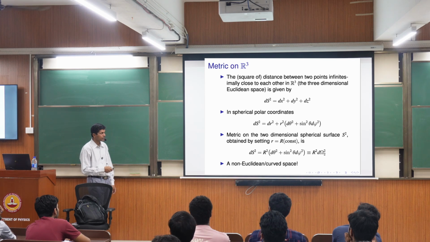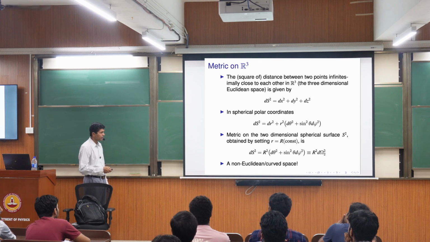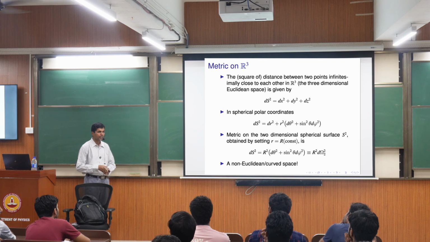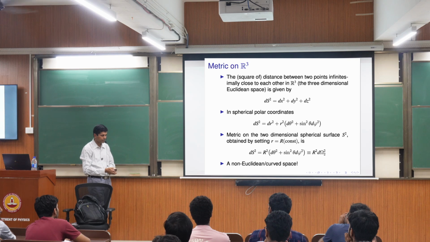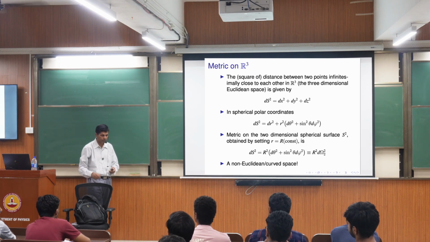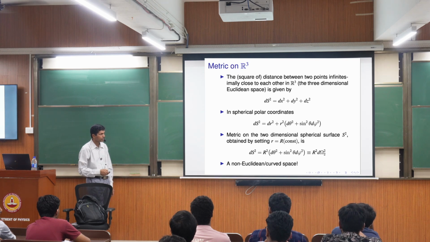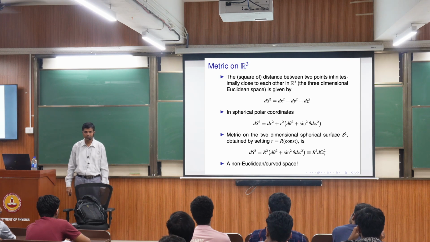Similarly, you can use the spherical polar coordinates where you choose an origin, and the distance from this origin is r, and theta is the angle that the line makes with respect to the z-axis, and phi is the azimuthal angle. Theta is called the polar angle. Phi is obtained by taking the projection of the point onto the xy plane, and then the angle that point makes with respect to the x-axis. So that is my phi. In terms of these coordinates, the metric is given by this.